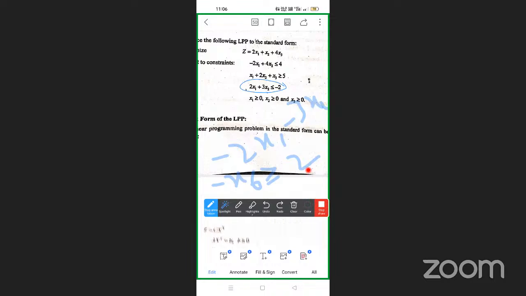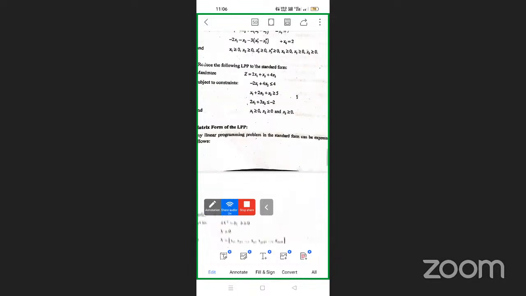So next, the matrix form of LPP. After converting to standard form, we can write the matrix form.